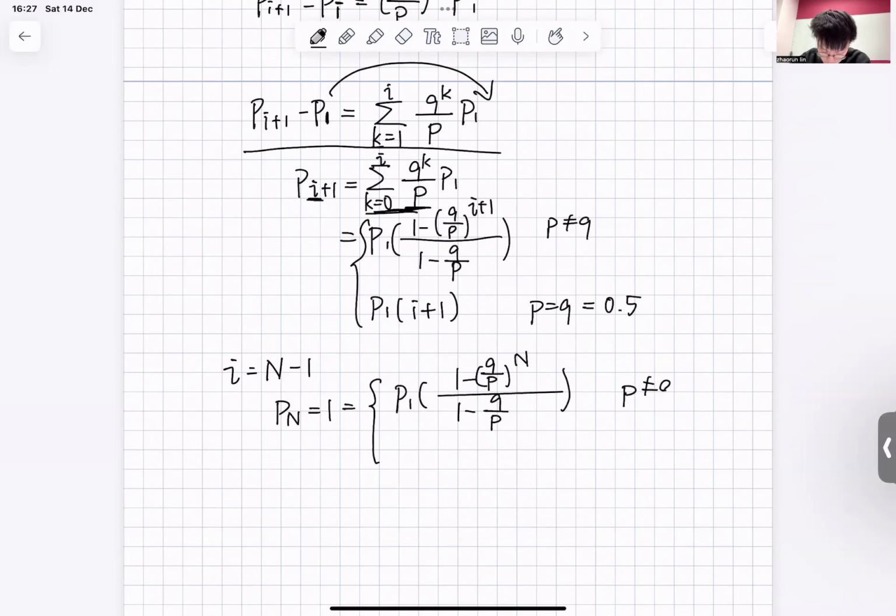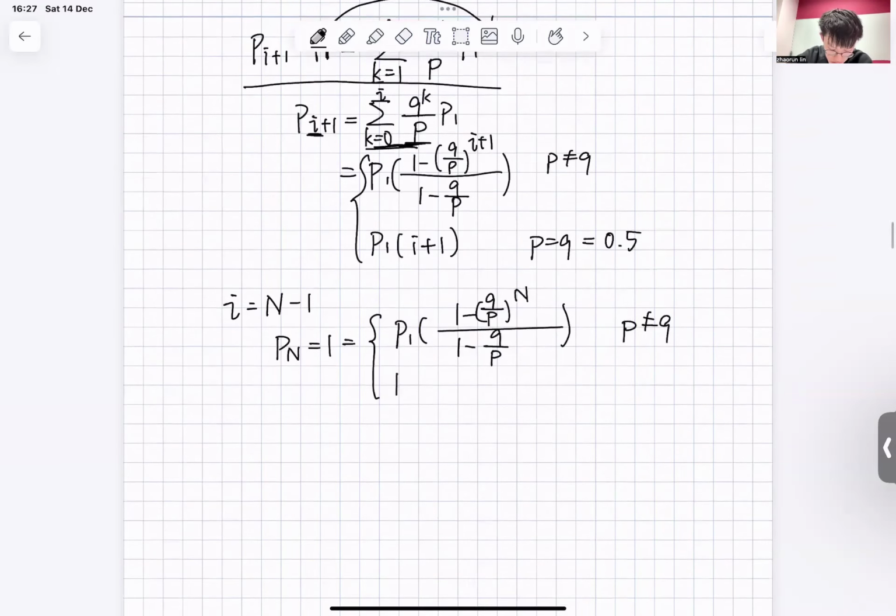This is when P is not equal to Q. And when P is equal to Q, we simply have i plus 1 is n, so this is P1 times n, and this is equal to 1.